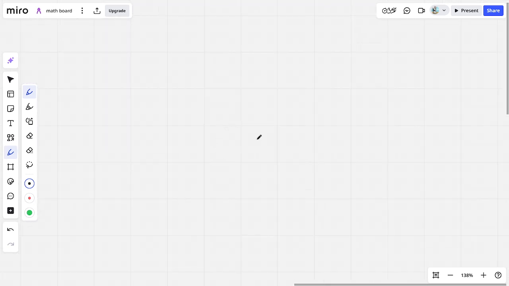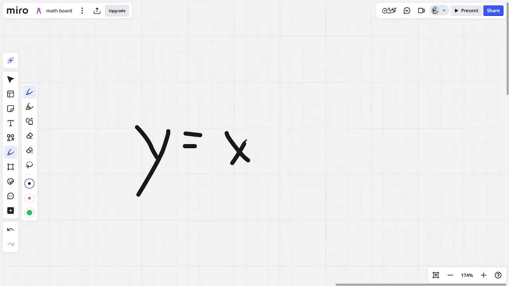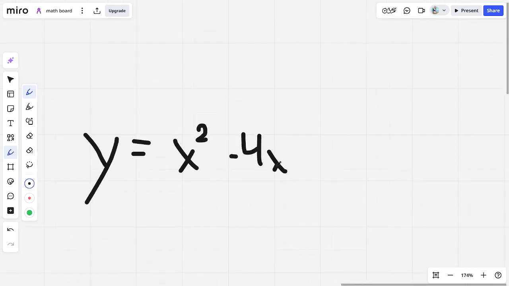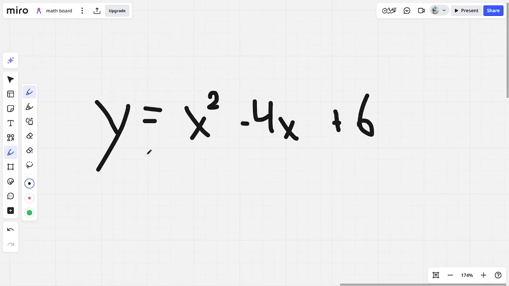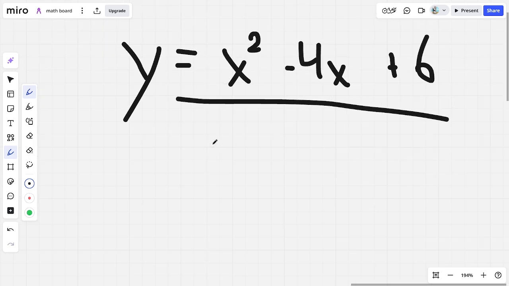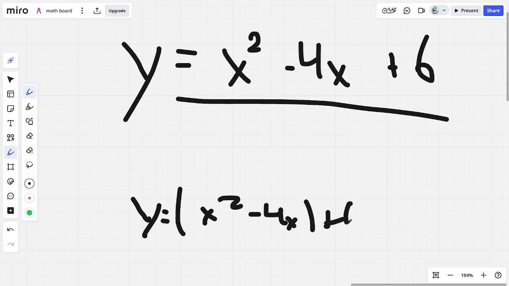Let's have one more. Let's say y equals x squared minus 4x plus 6. Pause now if you want to do it on your own. Okay. So first of all, we want to make the group. So it's going to be y equals x squared minus 4x plus 6.